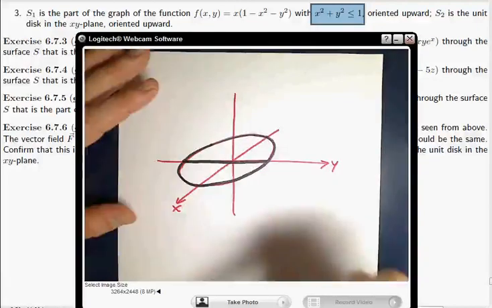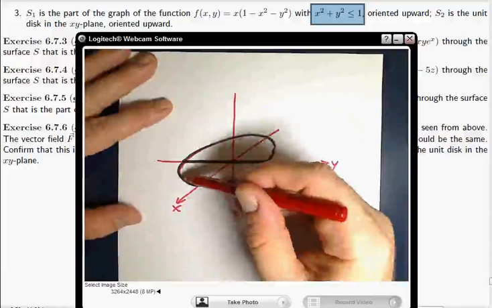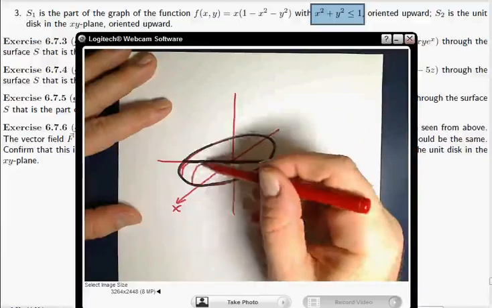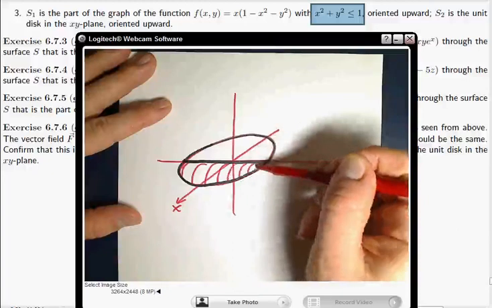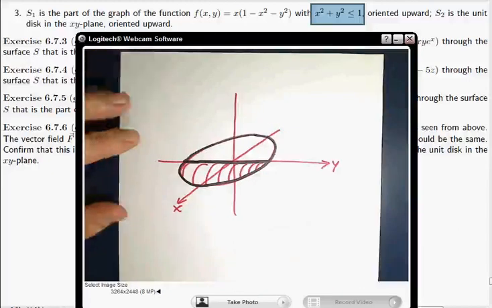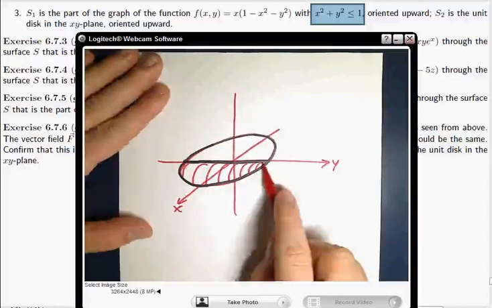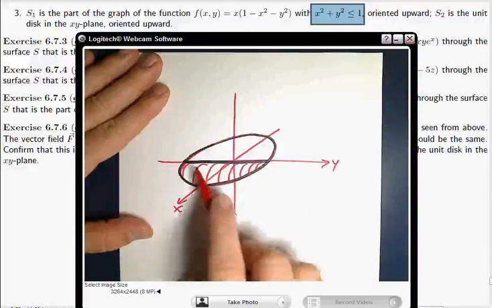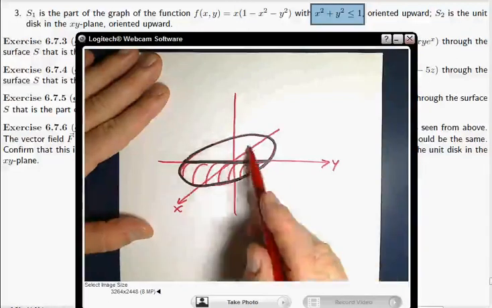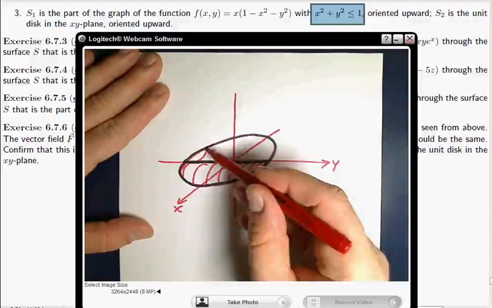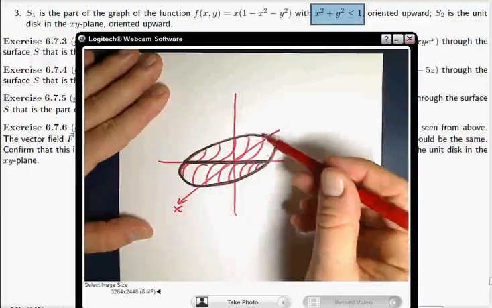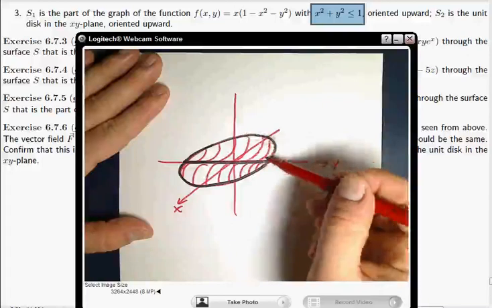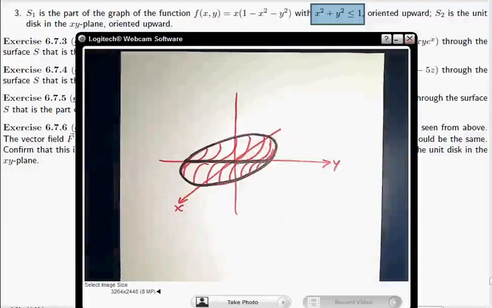So what we've got then is some little kind of hill sticking up like that. Now, of course, it's 0 there, and it's 0 all along in here, but there's this little hill sticking up. And then the function's negative over here, so it kind of goes down. It's not a very good picture, but it's kind of depressed down like that.